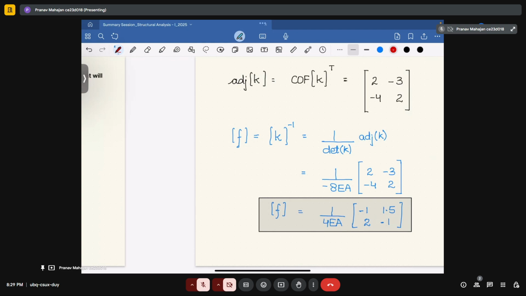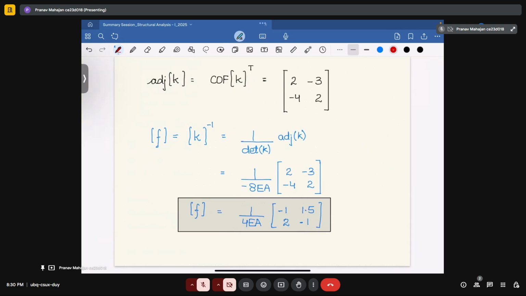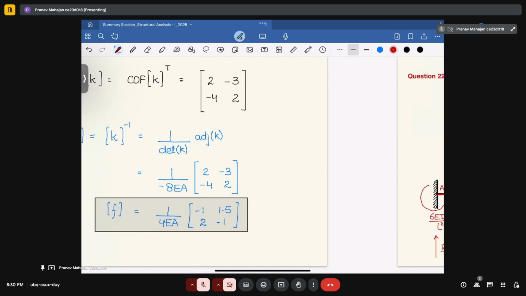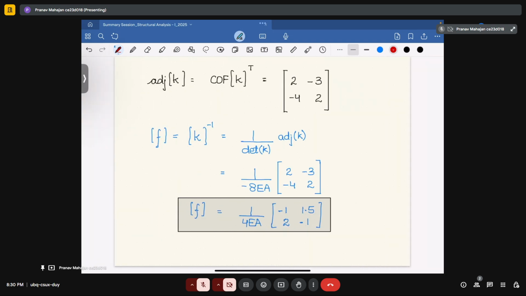Then the adjoint of the stiffness matrix will be the transpose of the cofactor matrix, and that will become equal to 2, minus 3, 4 and 2. When you multiply 1 upon determinant of k into adjoint of k, that will give you the flexibility matrix. Okay, so this is how you will determine the flexibility matrix from the stiffness matrix.